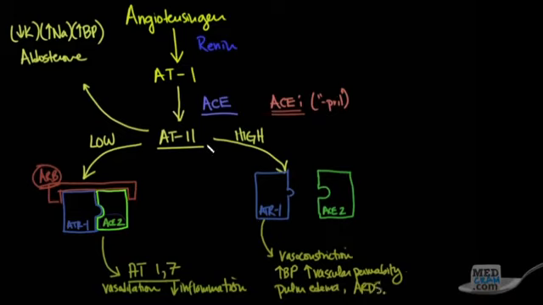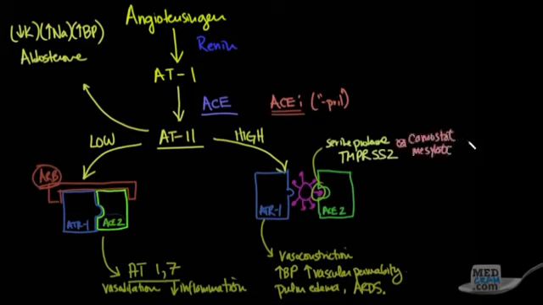Furthermore, when there's high angiotensin 2, the hypothesis is that this opening in ACE2 allows the coronavirus with its S protein to bind to ACE2. This binding also requires something called a serine protease, known as TMPRSS2. Now that can be inhibited with something called camostat mesylate, and that is undergoing trials right now.